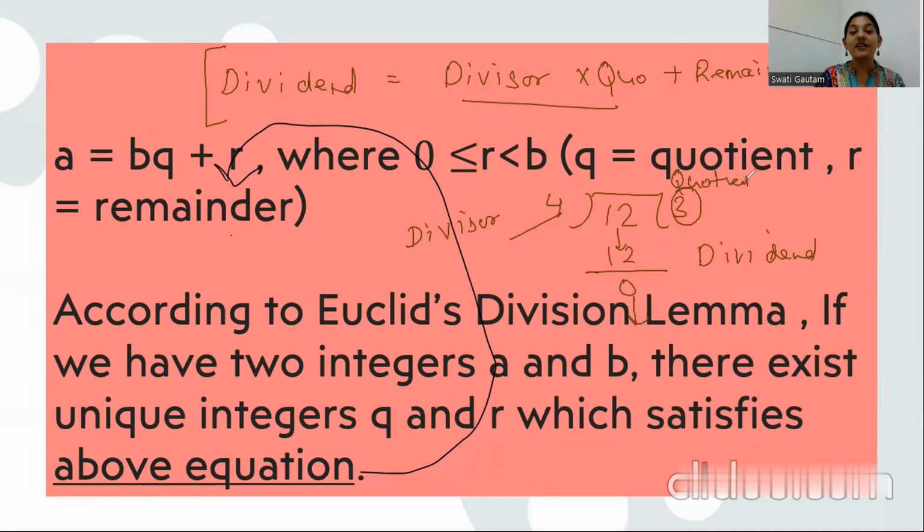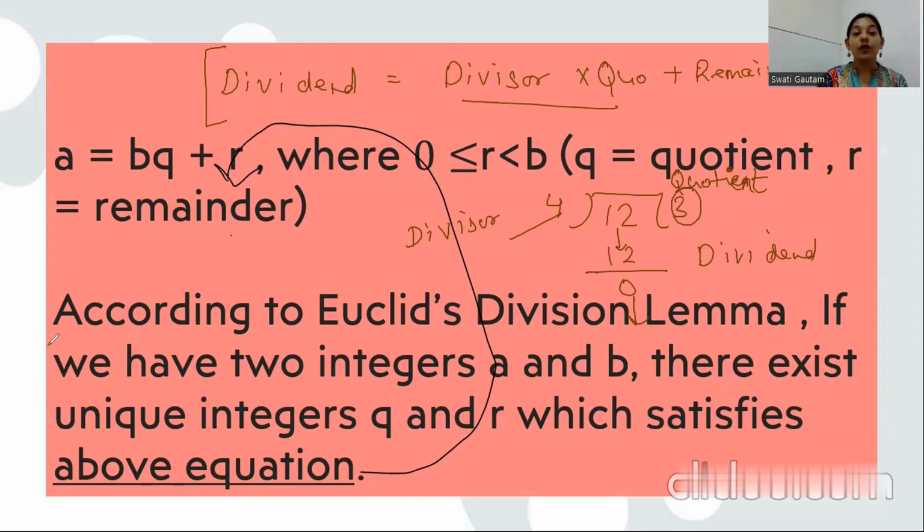So we are using this equation. We have the dividend, the divisor, the quotient and the remainder. Now, how do we use it to find the H.C.F?